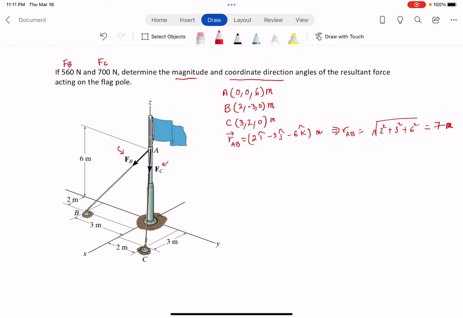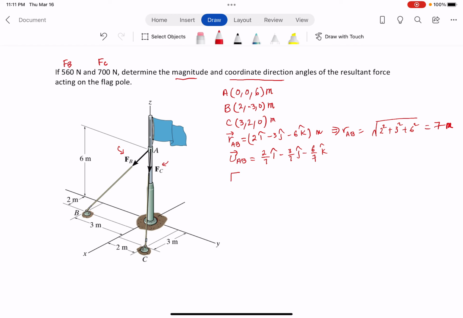So now you can find the unit vector AB by dividing the position vector by 7: 2 over 7 i minus 3 over 7 j minus 6 over 7 k. Now, what is the force? The force FB is 560.